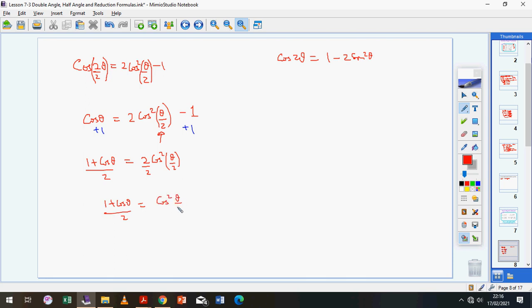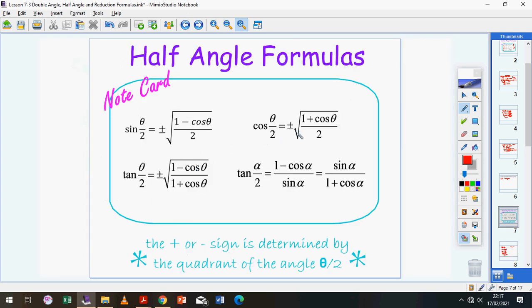Since I'm only interested in cos theta over 2, I'll take square roots of both sides. The square will cancel the square root, and I end up with cosine theta over 2. The half angle formula for cosine is the square root of 1 plus cosine theta over 2, which is what you see over here. So I can follow the same process to get the one for sine.